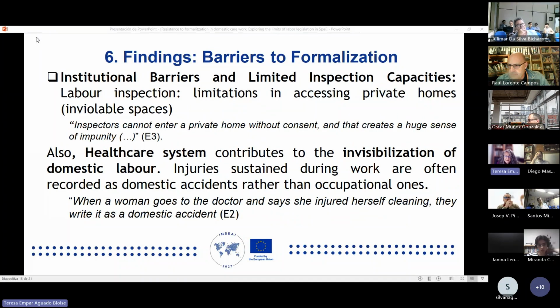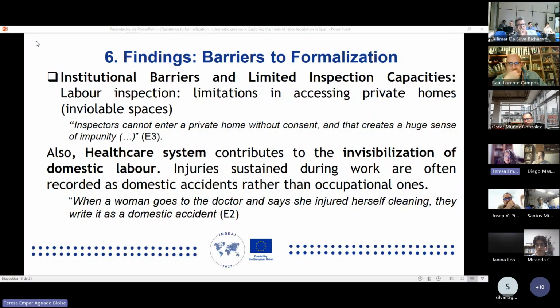Economic pressures are a third major barrier. For many families, especially those with limited incomes, the cost of fully formalized employment is simply unaffordable. One interviewee pointed out that hiring someone for 2 hours a day means paying a salary of around 80 euros, but more than 90 in social security contribution.